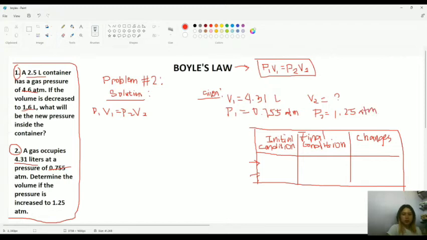So, let's solve. Substitute the given values. Initial pressure is 0.755. So, sa initial volume, merong 4.31 liters. So, final pressure is merong 1.25.